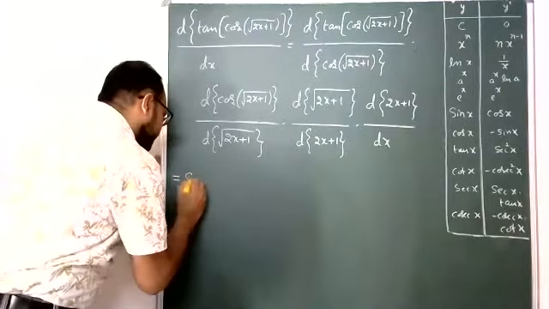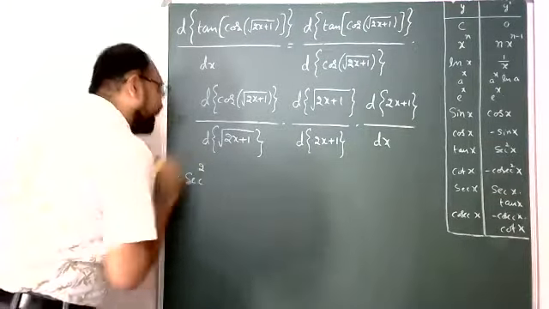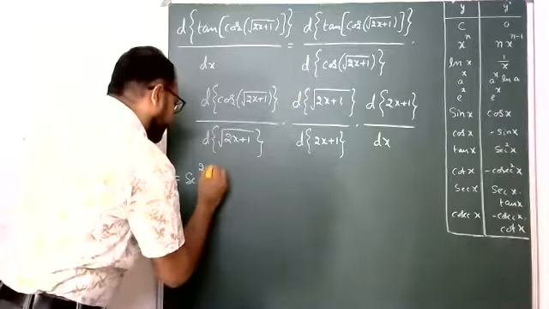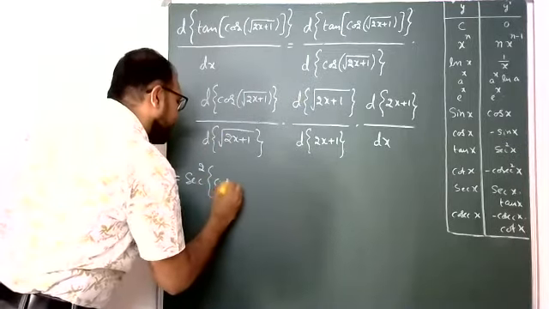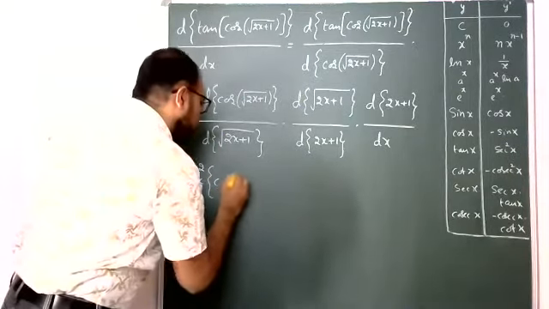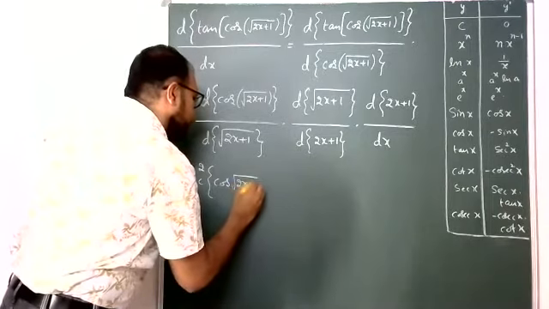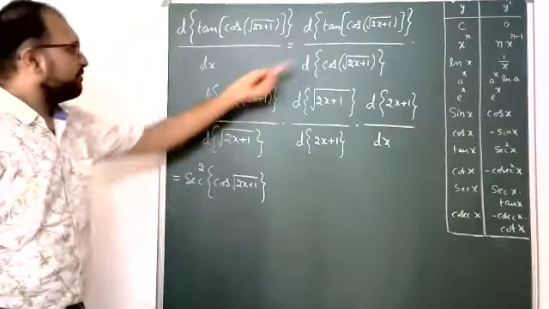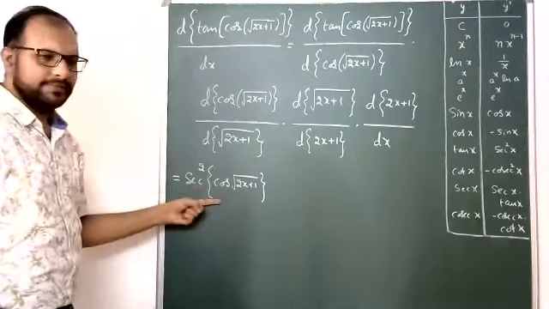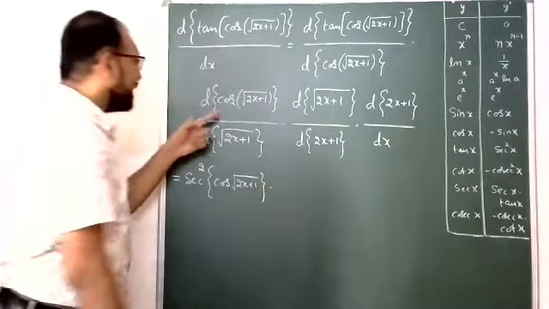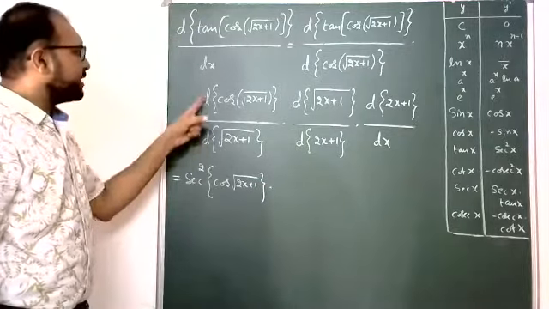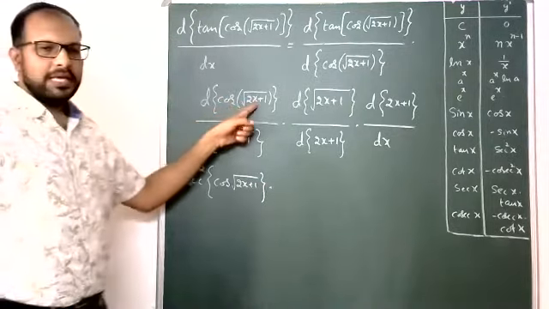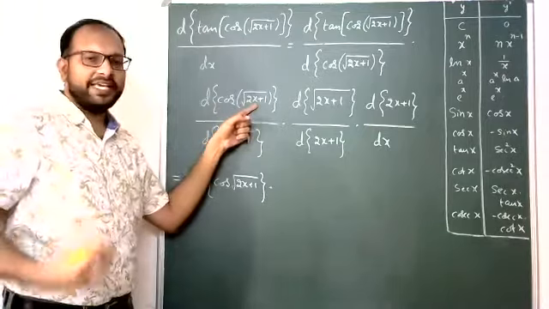So the answer is secant square u, but u means cos of root over 2x plus 1. So that is the first link answer.